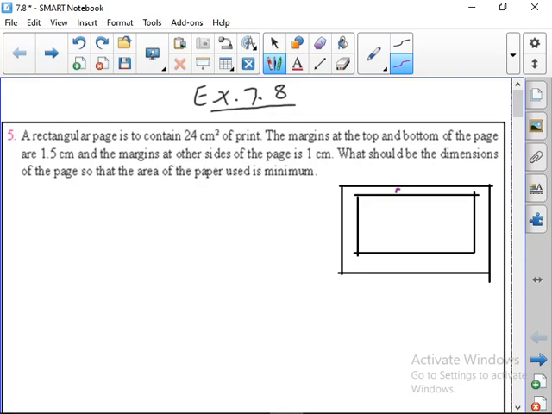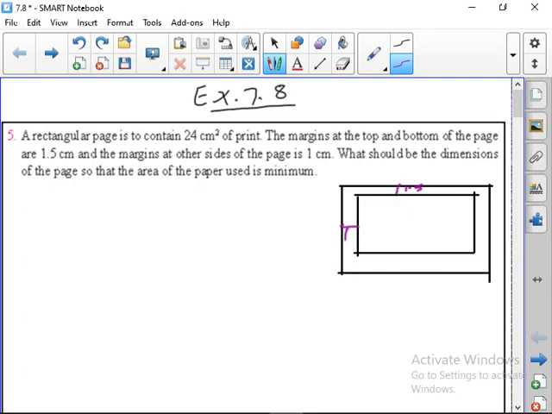This portion is 1.5, and this portion is 1.5. And the margins at the other sides of the page are 1 centimeter. Therefore, this is 1 centimeter.